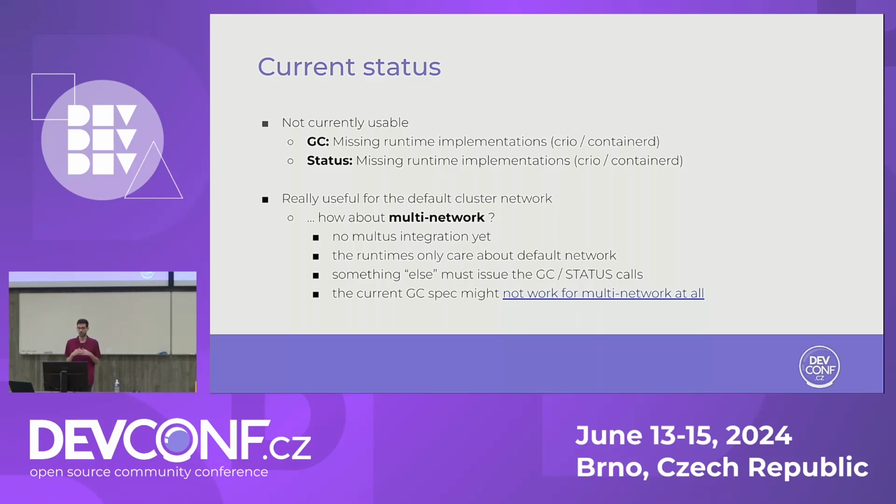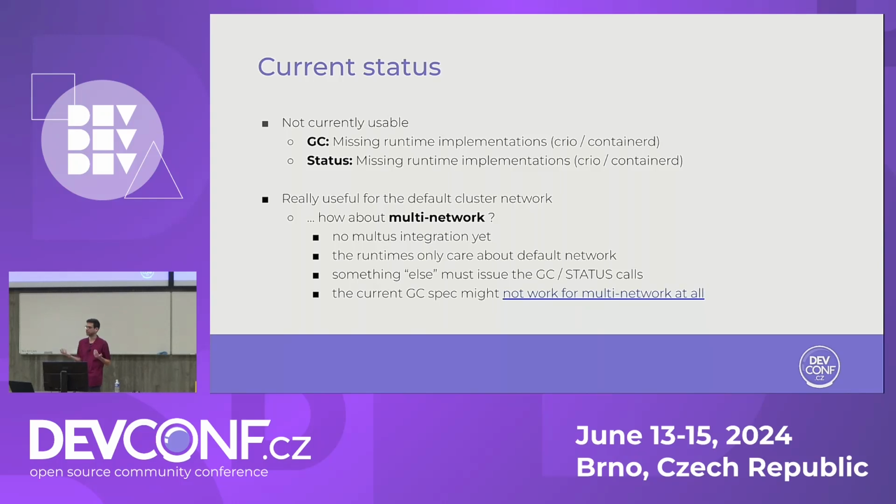And there is not, for instance, on either CRI-O or containerd, any sort of implementation of this. In the next few slides, I will give a list of PRs with some ongoing work for this, because there is ongoing work, but it's still not ready. And then we need to ask ourselves, these things are issued by the runtime, and the runtime only knows about the default cluster network.